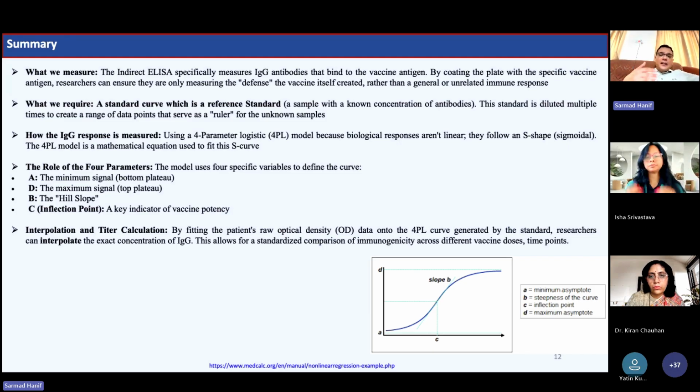How have we measured that? We have coating, then primary, then secondary, and then we put the TMB and stop it with H2SO4. We get a yellow color, which can be measured at 450 nanometers. What we require is a standard curve.